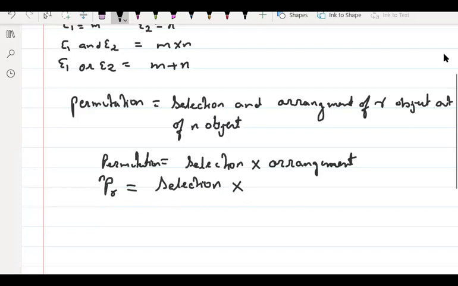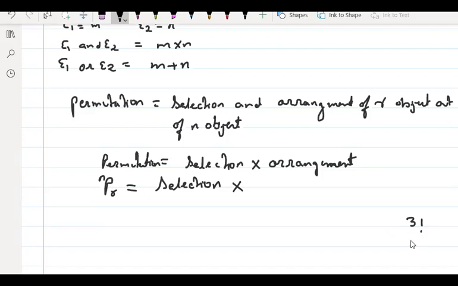In how many ways can you arrange three objects? Three objects can be arranged in 3 factorial ways, which is 6.